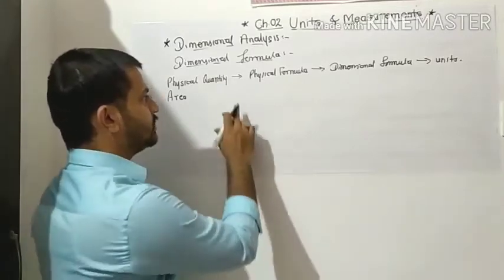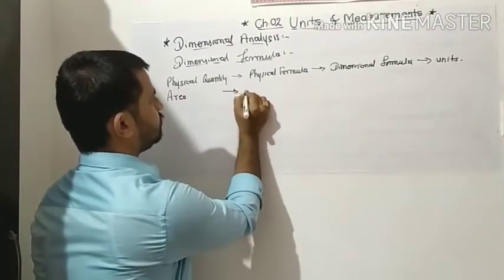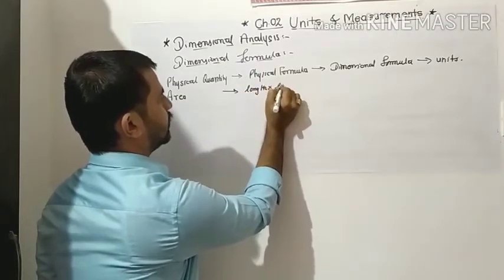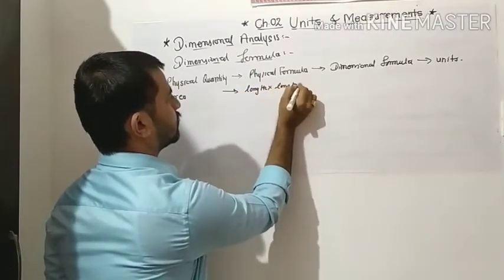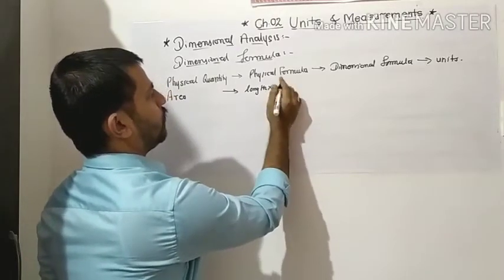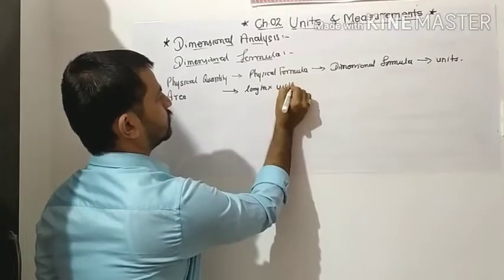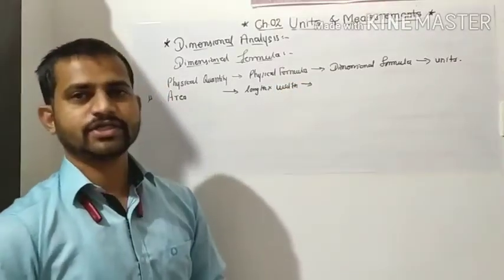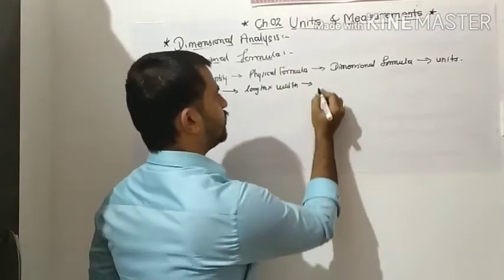The area is given by the physical formula length into length, that is, length into width. Then to express this in terms of dimensions, we write it as length into length.